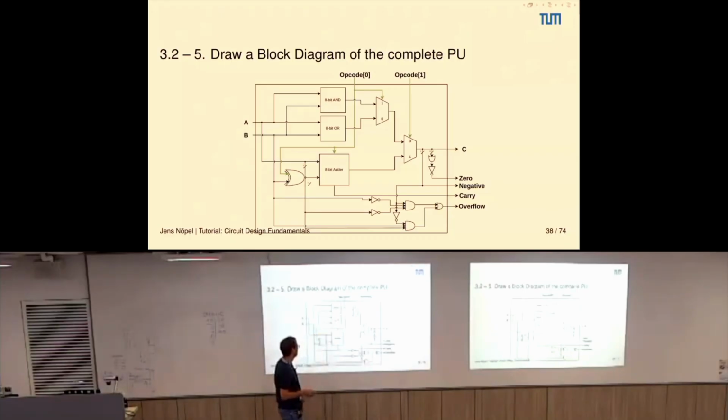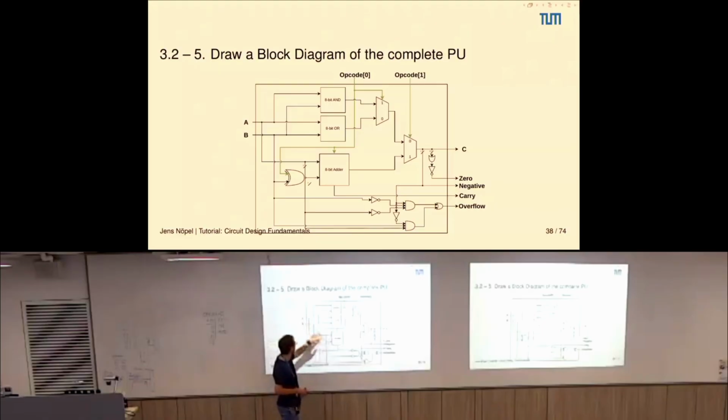Then we have another operation, which is addition and subtraction. As we have seen before, we can just use an adder to realize this, and we use an 8-bit adder. Once again, we need to feed the inputs to the adder.